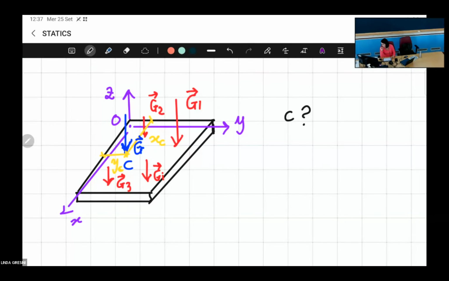So I repeat, the point C is the centroid of forces Gi, for i which goes from 1 to n, in which the resultant force G is applied.